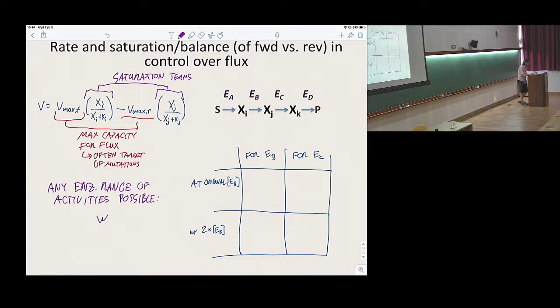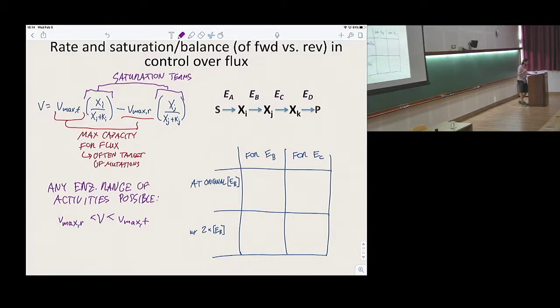Where V could stretch anywhere between Vmax forward, the best it could possibly do going that way, or it could be negative, in terms of Vmax reverse, as fast as it could possibly work backwards. It's going to be somewhere within that space. And as we saw from catalytic efficiencies, it's often near the very middle of that, not so far from 0 compared to what it could be doing.